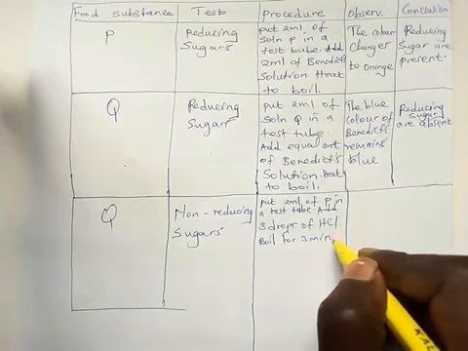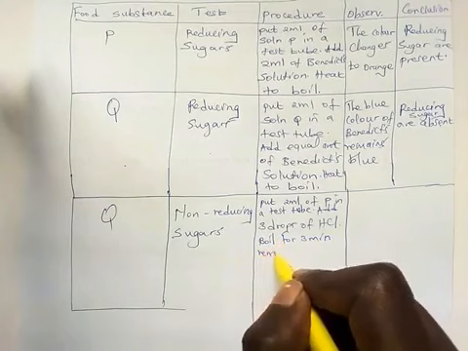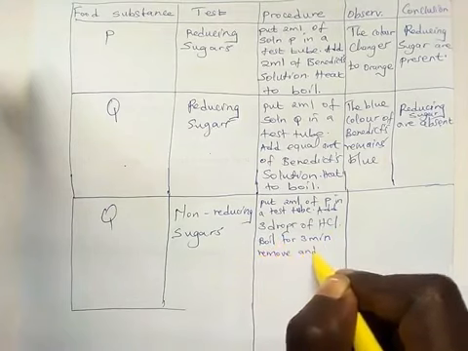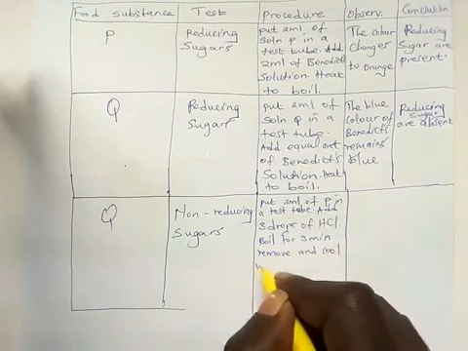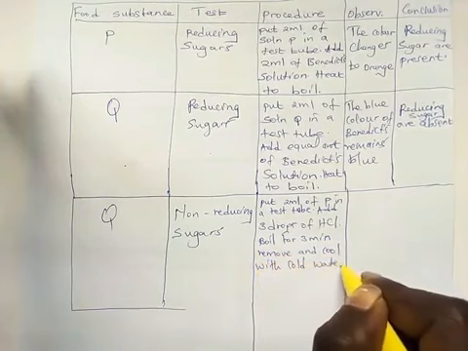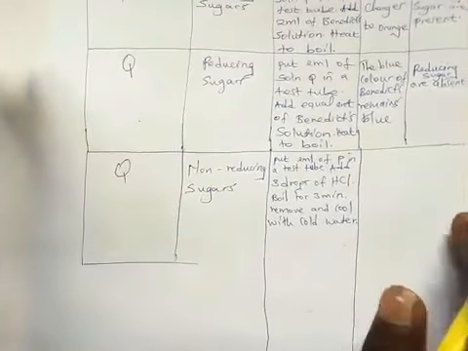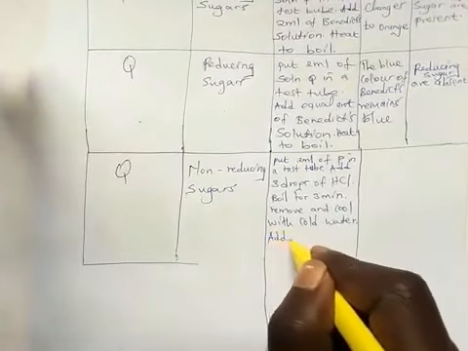Then after you boil, remove and cool with cold water. Then after you have cooled, you add sodium hydrogen carbonate.